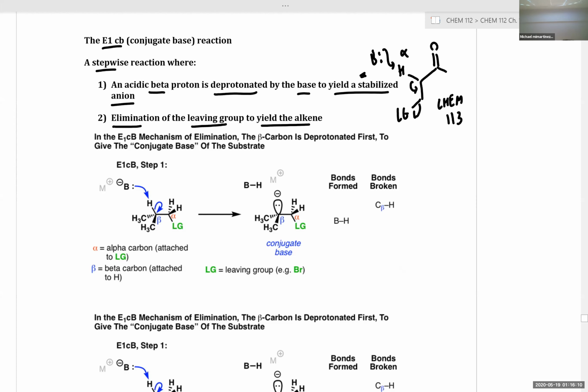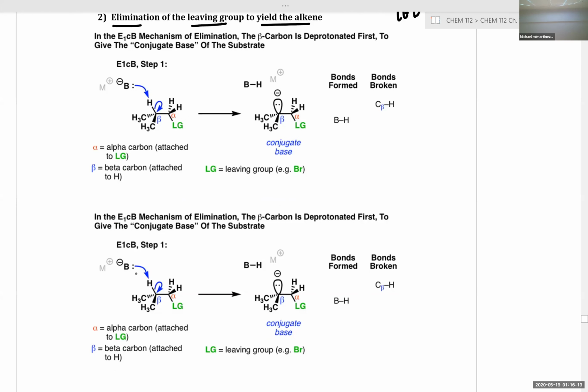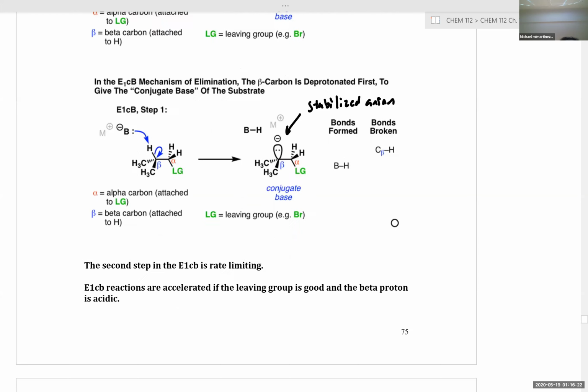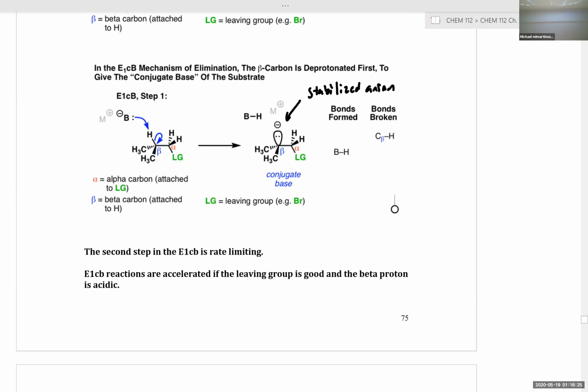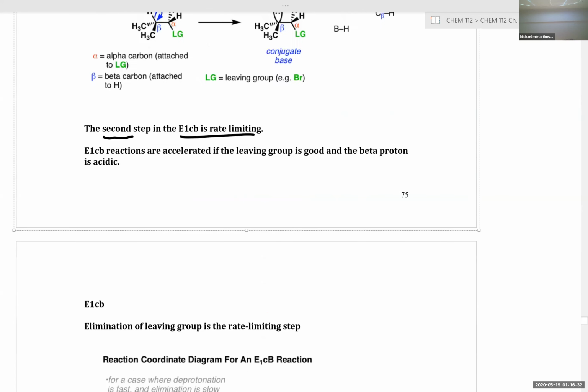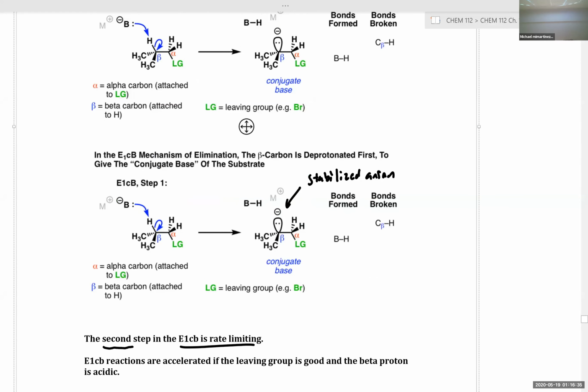Now, in step one, you have deprotonation, so you generate a stabilized anion. Then in step two, which is rate limiting, your lone pair is kicked down and your leaving group is eliminated.